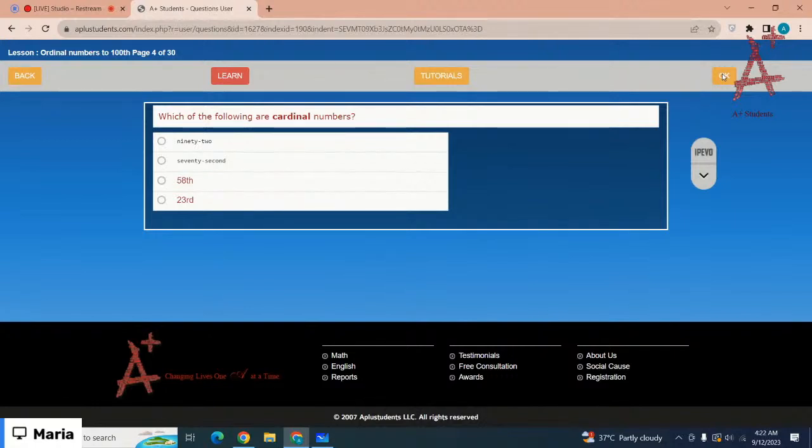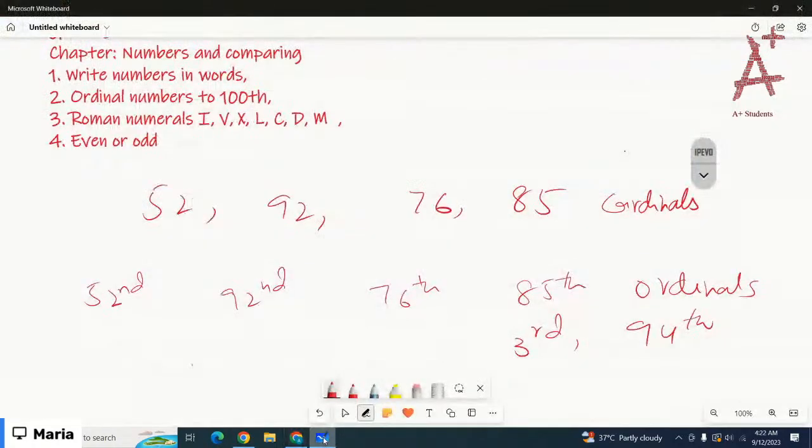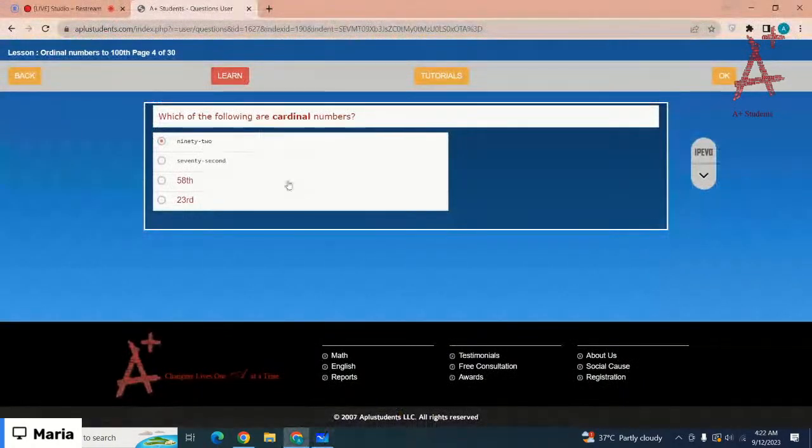Cardinal, which is cardinal? 92, 92nd. 92 is the only cardinal here, right? 58th, 23rd, 92 is the cardinal. 58, 23rd, and 72nd are the ordinals.